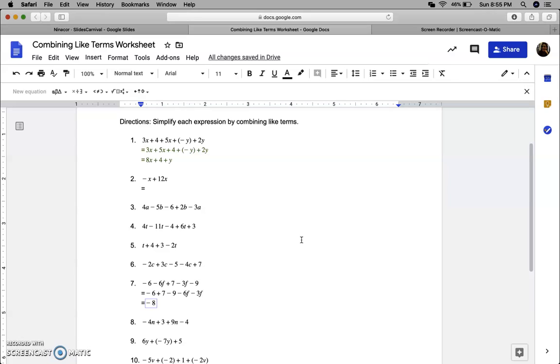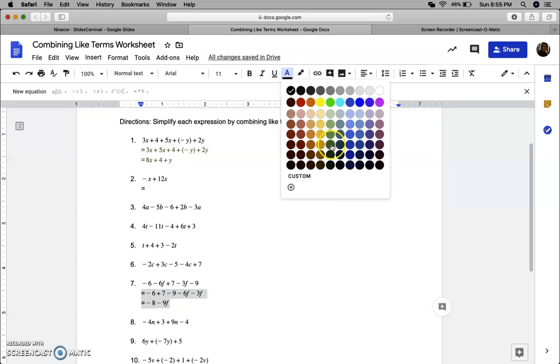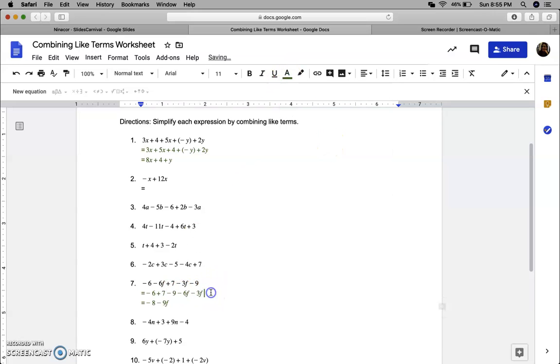So -6f minus 3f, I'm thinking in my head, -6 minus 3, it's -9. This is minus 9f. And then highlight it, make it a different color, green, and that's my work. Okay.